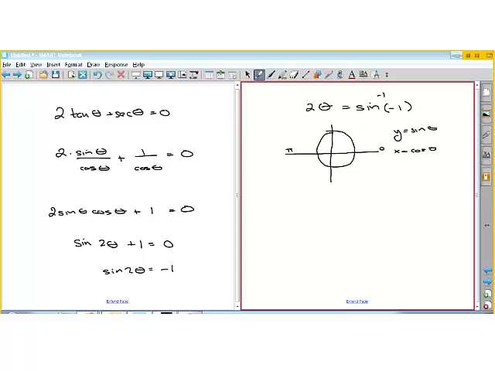The angle whose sine is -1 is not pi over 2, it's 3 pi over 2. So 2 theta is equal to 3 pi over 2, and theta divided by 2 would give 3 pi over 4.